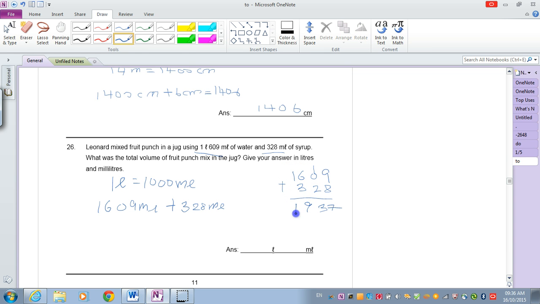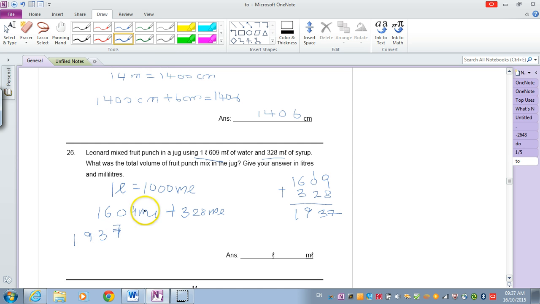And 1,000. Now they want it in liters and milliliters. So remember, 1 liter is actually equal to 1,000 milliliters. So 1,937 milliliters is equal to 1 liter 937 milliliters.